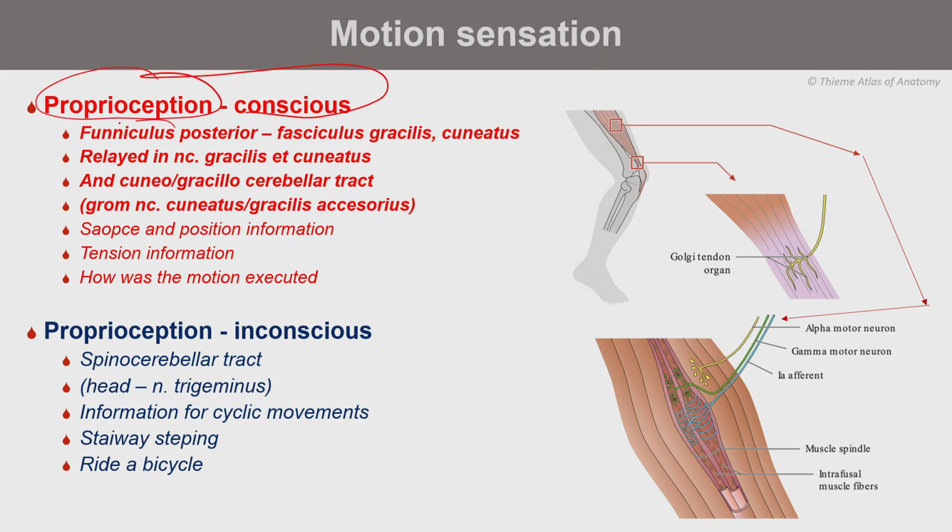The conscious one is typically led by the funiculus posterior, by gracilis and cuneatus. They carry feelings from the Golgi tendon apparatus or from the spindles, because a spindle has a sensitive neuron and it has its own gamma motor neuron.